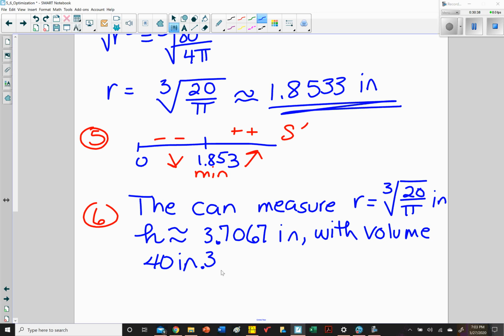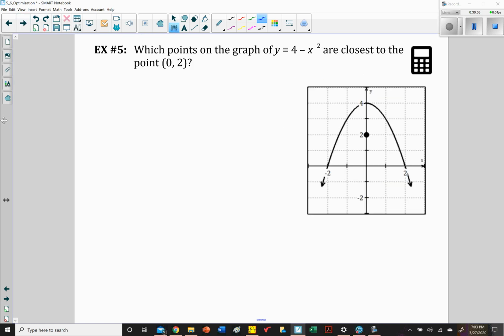Okay? And then if we needed to, we could justify the reason why: because the derivative was 0, and the derivative changed signs from negative to positive at that 1.853.